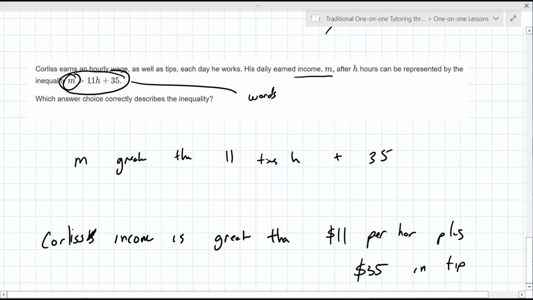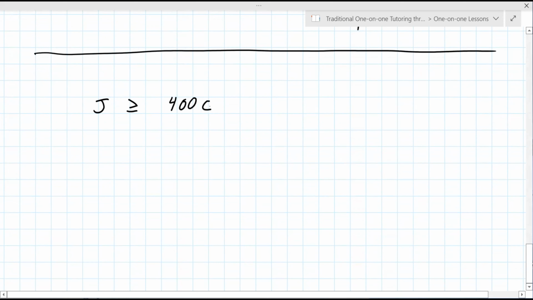Let's try a different example, something that'll make more sense to you, Jeremiah. You go and work out, you do some exercise. You're going to burn at least, let's say, 400 calories per hour that you work out, plus your body already burns 200 calories.